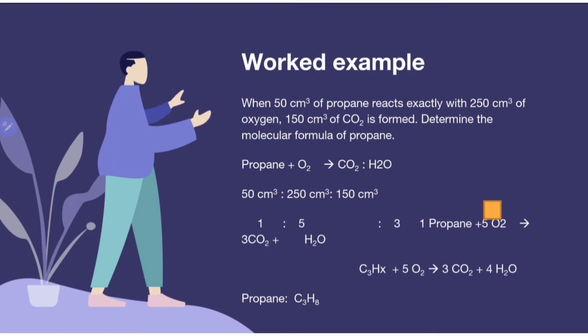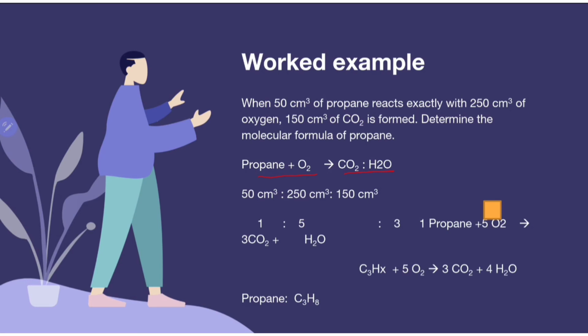Next example, when 50 cm cube of propane reacts exactly with 250 cm cube of oxygen, 150 cm cube of CO2 is formed. First, we have the reaction of propane with O2 to produce CO2 and H2O. Let's say we don't know the formula of propane.